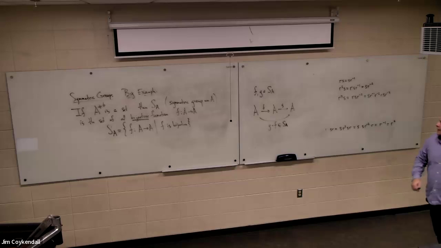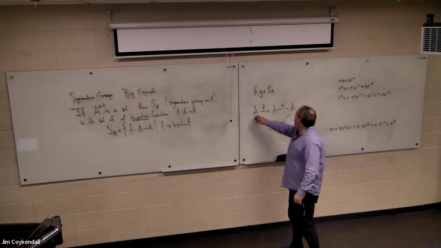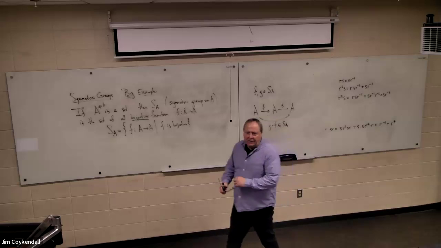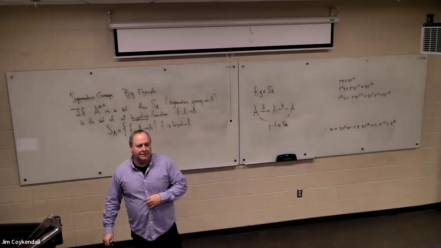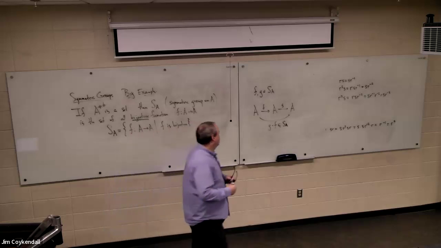Anybody think of a function that goes from A to A, that if you compose it with any function in either direction, it leaves it alone? Yeah, the identity function.